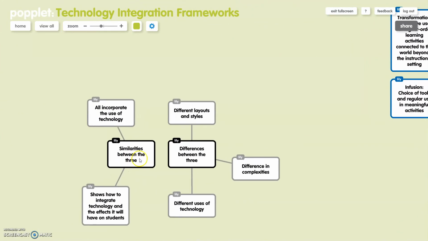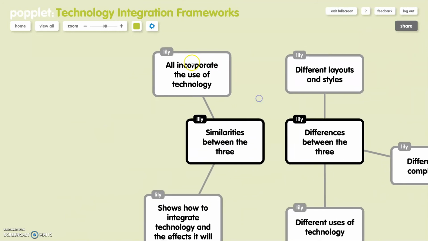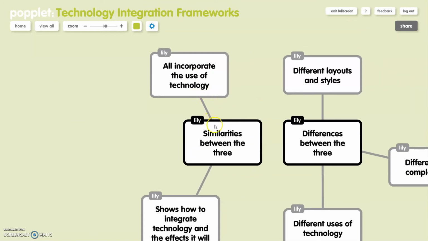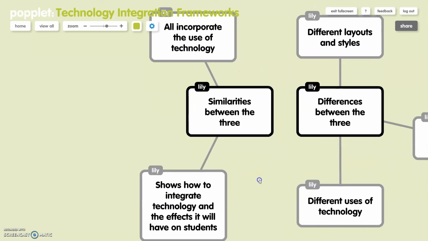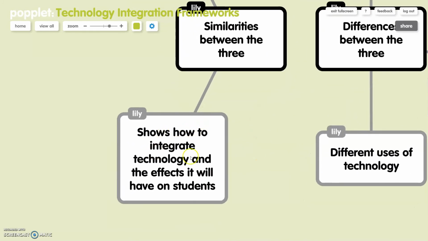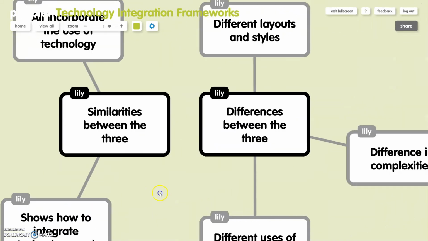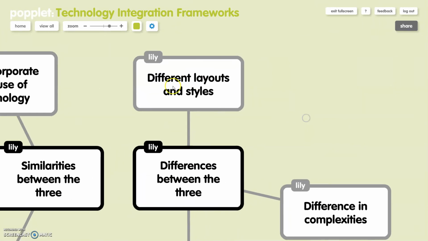So the similarities and differences between the three. Some similarities are all incorporate the use of technology and the use of building on to technology and basically getting people comfortable with it and integrating technology, and all of them talk about the effects it will have on students. And the differences between the three.